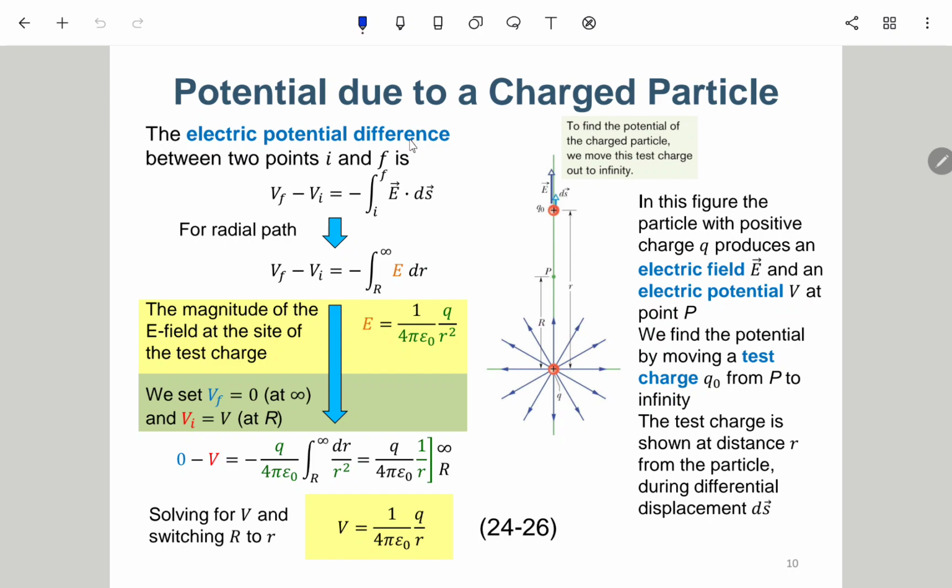The electric potential difference between two points I and F is VF minus VI, which equals negative the integral of E dot ds from I to F. This is nothing but the definition of the electric potential.